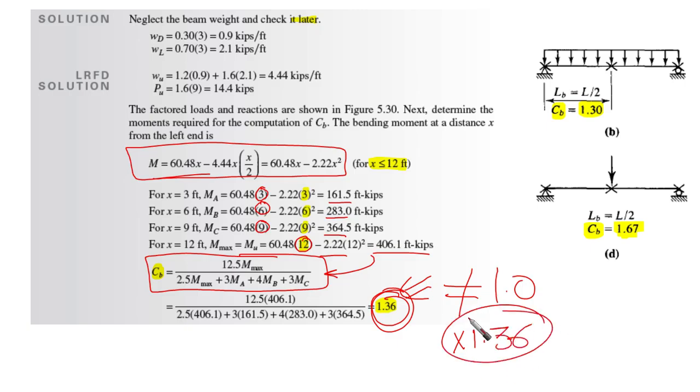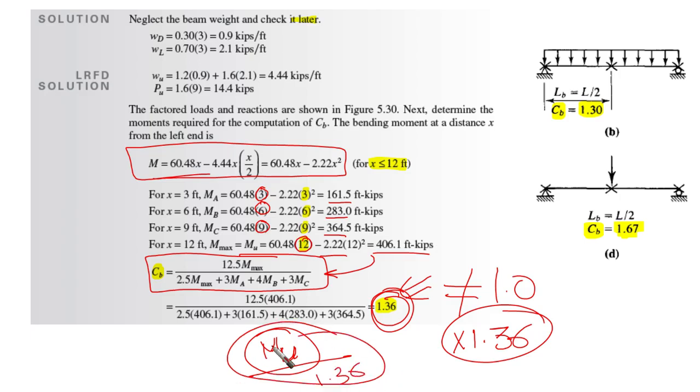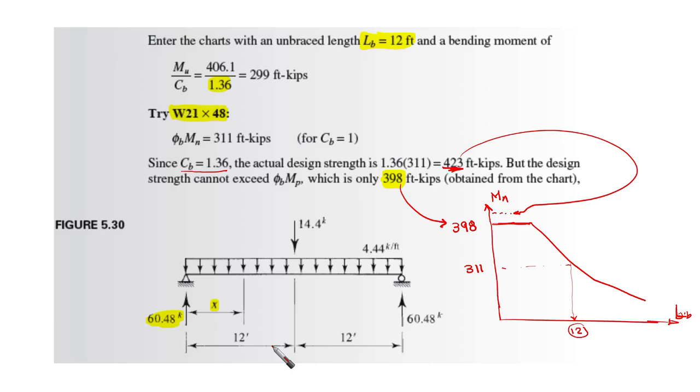Another way is to take whatever ultimate load or required strength we have obtained, divide it by 1.36, and enter the curve. Both are okay. Enter the charts with unbraced length LB equal to 12 feet and a bending moment of M ultimate over CB.